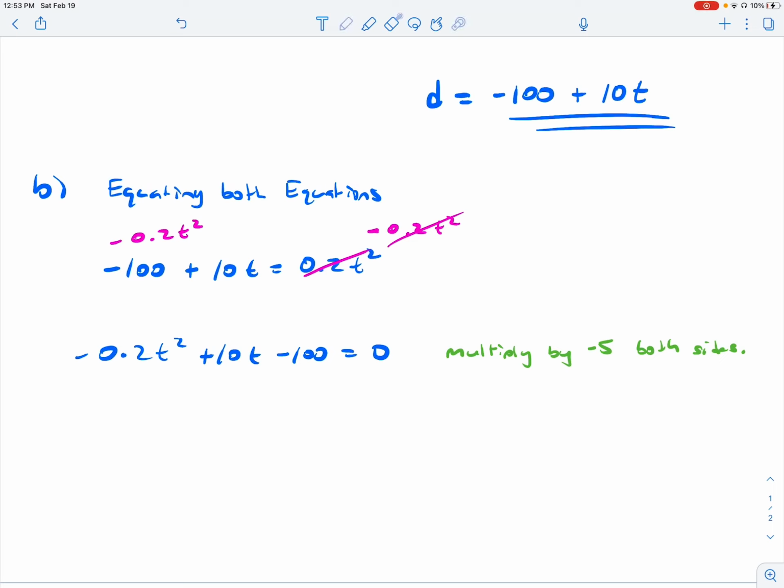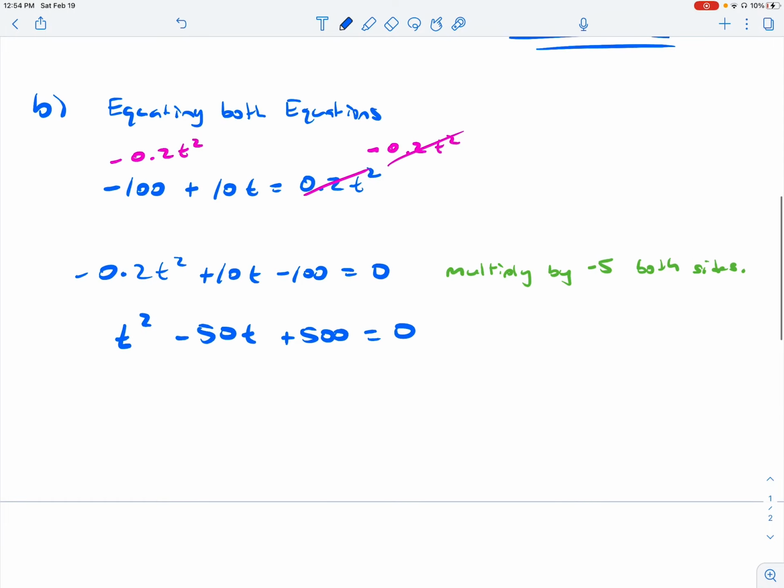So I'm going to multiply this by negative 5, and this by negative 5, and that by negative 5. And when I multiply 0 by negative 5, I still get 0. So negative 5 times negative 0.2 works out to 1. So we just have t squared. 10 times negative 5 is negative 50. And negative 100 times negative 5 is plus 500. And this is equal to 0.